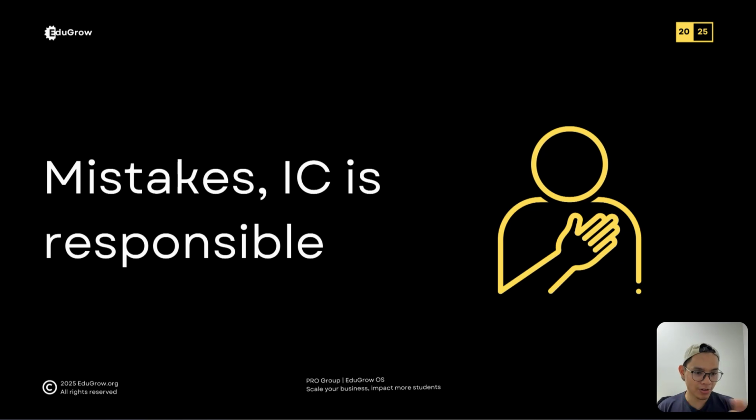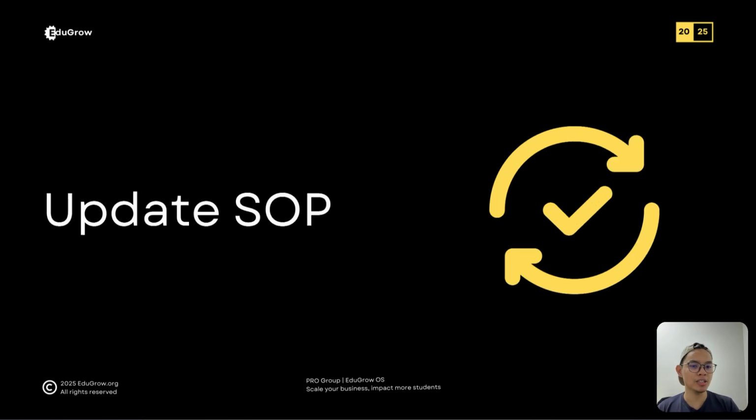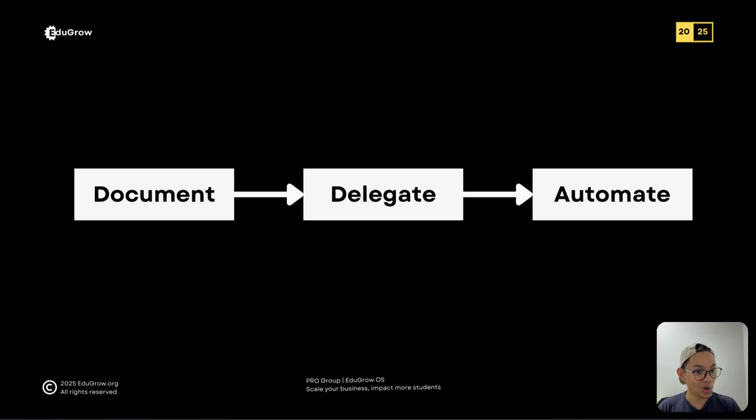Mistakes are very normal. Mistakes are just lessons, and you just update the SOP so that in the future, when things happen, the same mistake won't happen again. And this is something that you are growing. That's why SOPs are called living documents. And that's how you build a business that you can lastly automate.